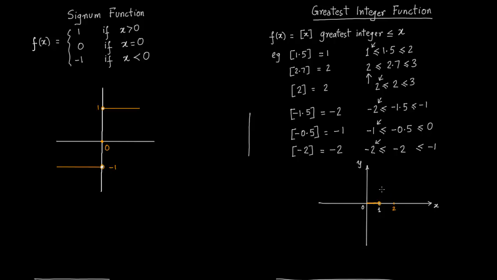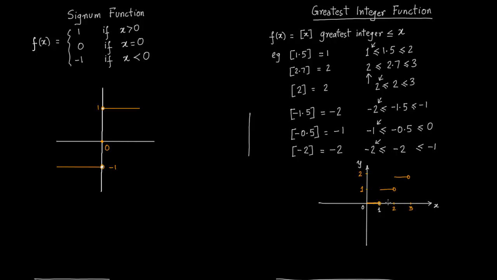At point 1 it jumps. Between 1 and 2, if the value is say 1.5 or anything like that, it will always take the value of 1 because 1 is the lower bound. Similarly, between 2 and 3, it will take the value of 2. So for 2.5 or 2.7, it takes the value of 2, and so on.